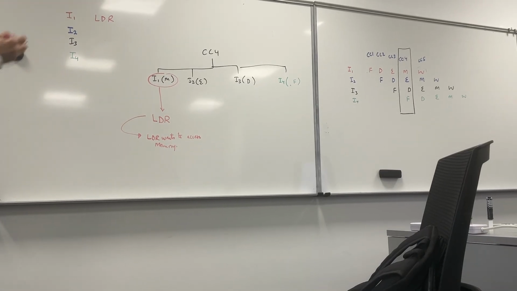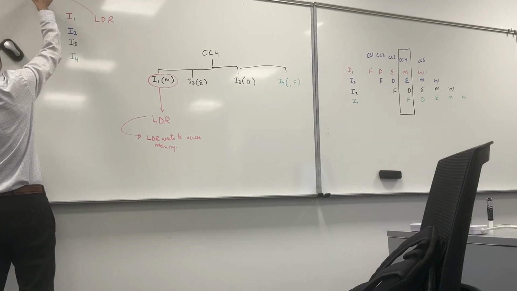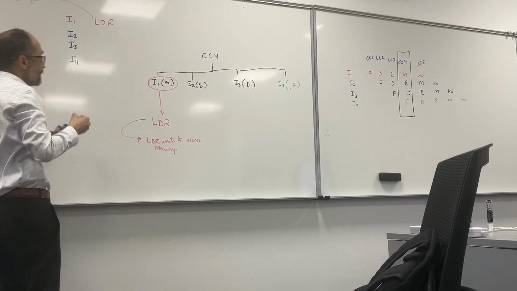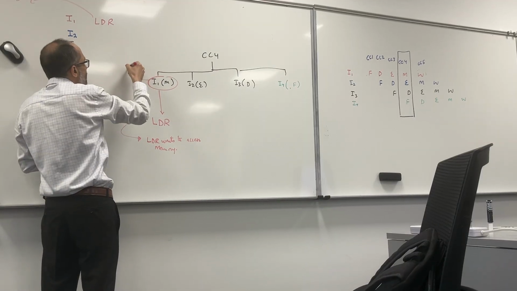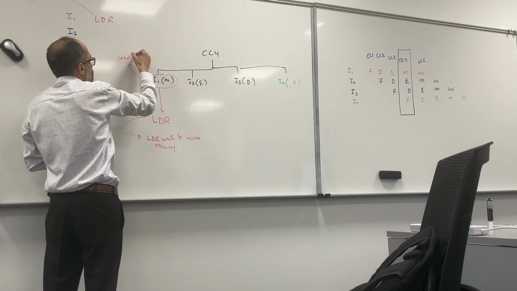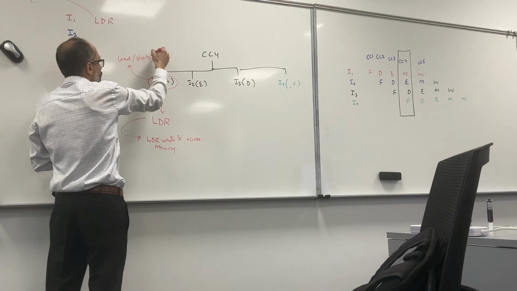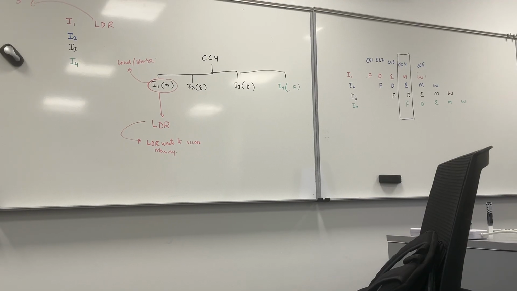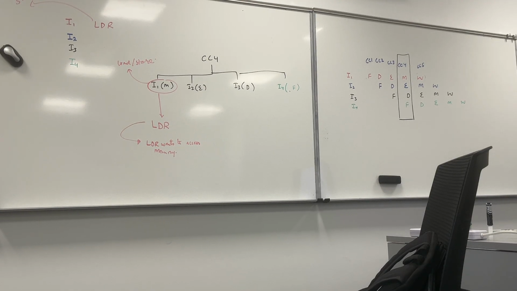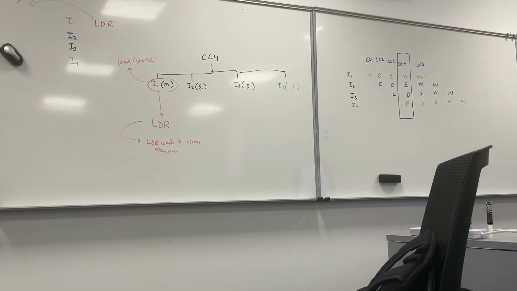So let's assume that I1 is any type of load or store instruction. If I1 is a load or store instruction, it means that I1 wants to access the main memory. Clear or not clear?